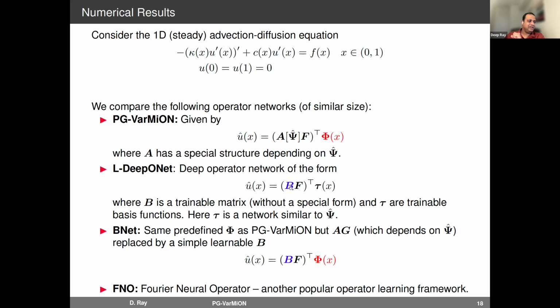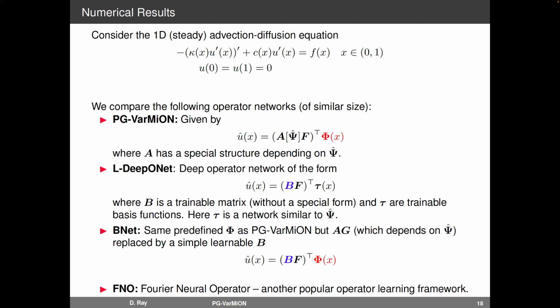And the second thing is, in the DeepONet, I'm saying that you just have a linear branch with the learnable matrix B. But this B has no special structure to it. Every element of B is learnable or tunable. But in my case, it's a matrix A, which depends on psi hat. So it's not just any tunable matrix. It's a matrix whose components depend on another network psi hat. There's a very specific structure to this matrix. These are two differences.